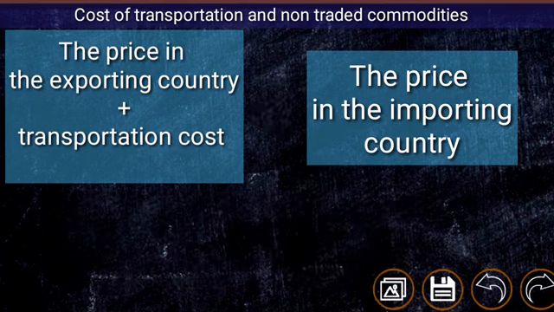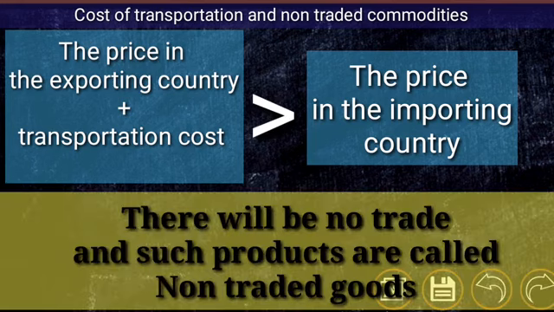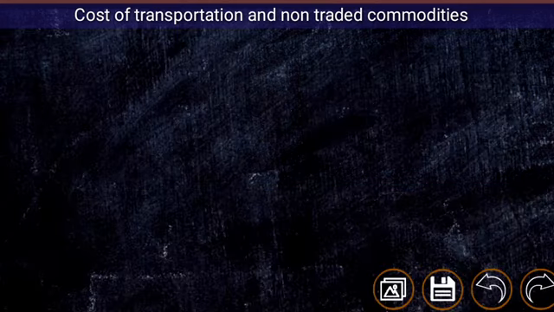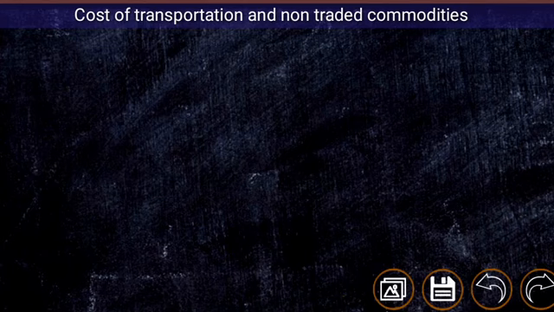If the price in the country of export plus transportation cost is greater than the price in the other country, then there will be no trade, and such goods are treated as non-traded goods. One of the best examples of non-traded goods is cement. Cement is not traded internationally. It is normally traded internationally only across borders.